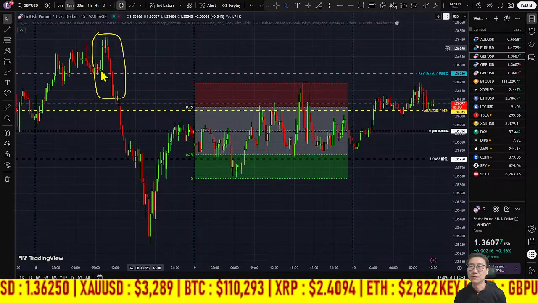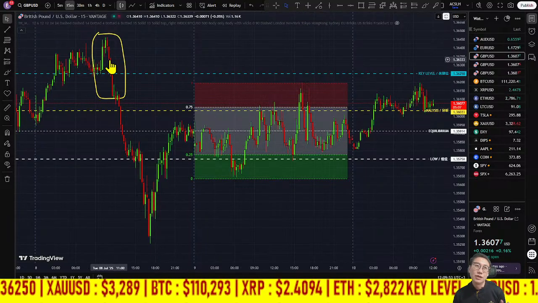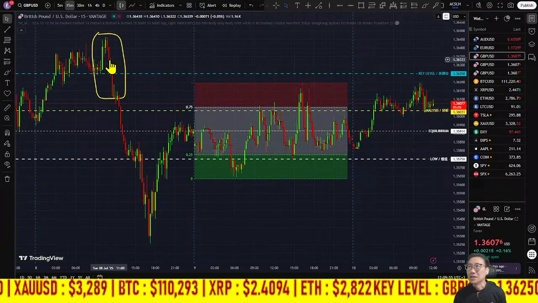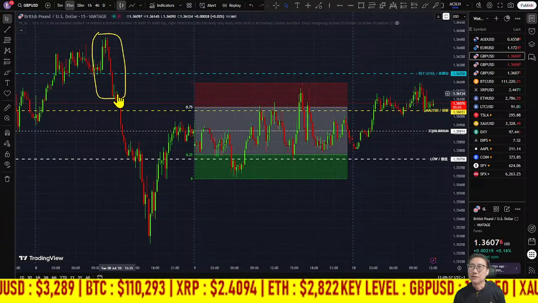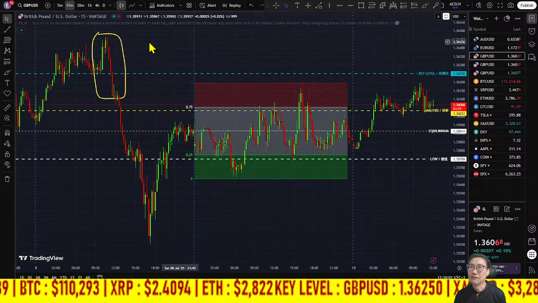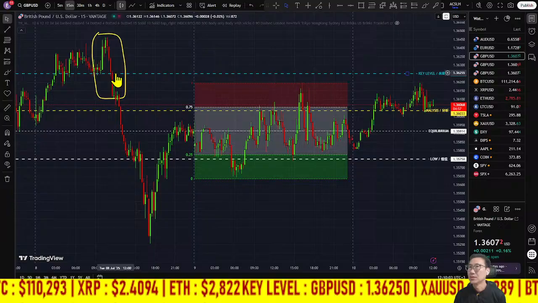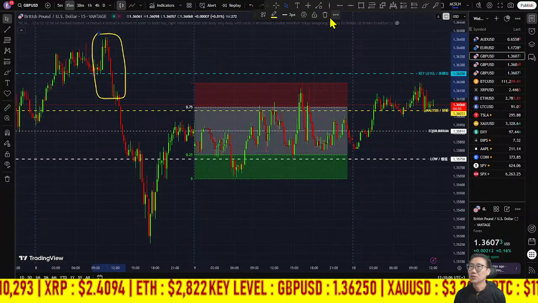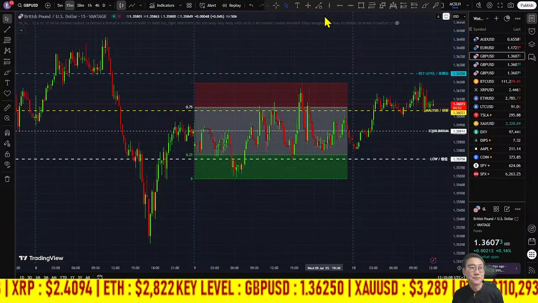This will be the first one, and this will be the last, I will say. If this is going to hold above, then they are going to clear this. That's what I see here.